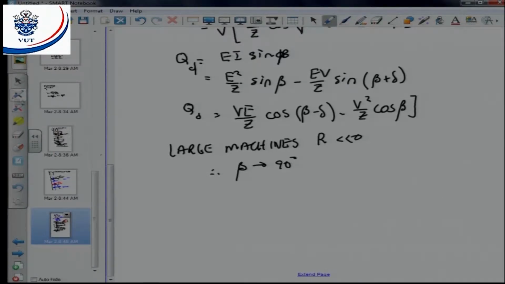Then our formulas become P developed is EV over X sin delta, as well as the output power. So therefore we can say that the losses is equal to the developed power minus the output power. And the same will go for Q.